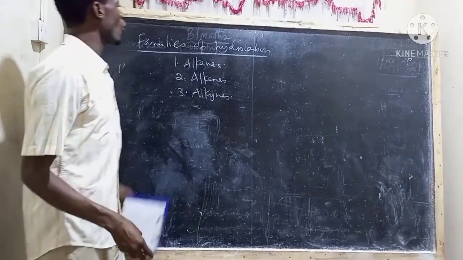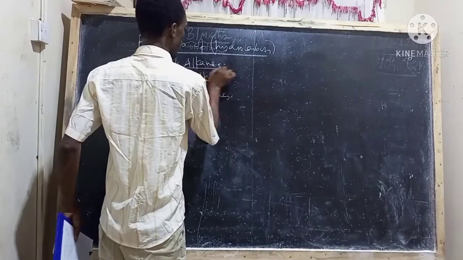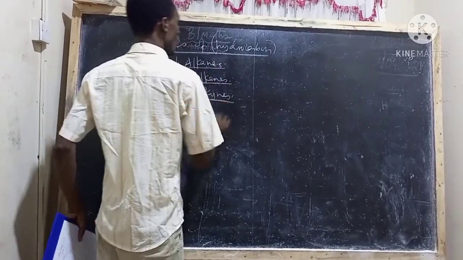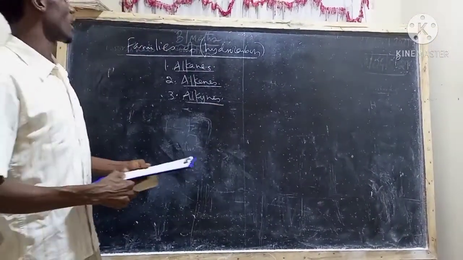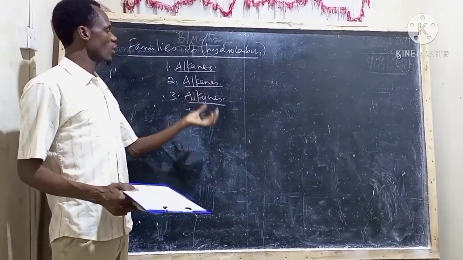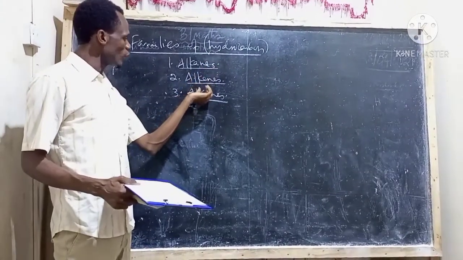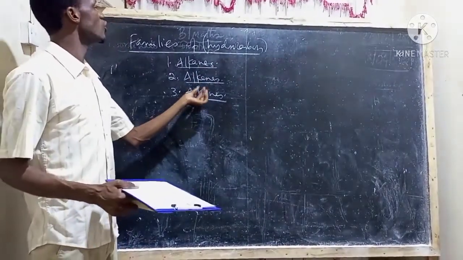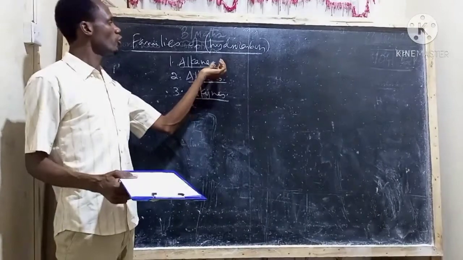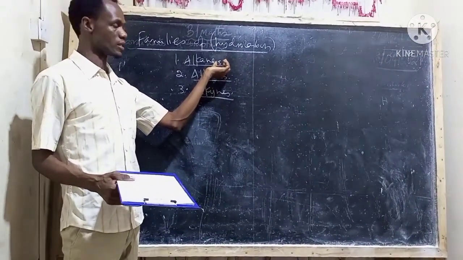Now, whenever you're talking about the families of hydrocarbons, you mean this one, this one, this one. So we will be discussing one after another. We discuss alkane, we discuss alkene, we discuss alkynes. Every one of them has its unique properties, unique preparation, unique chemical properties and physical properties.